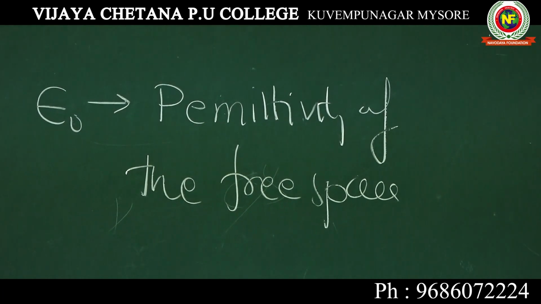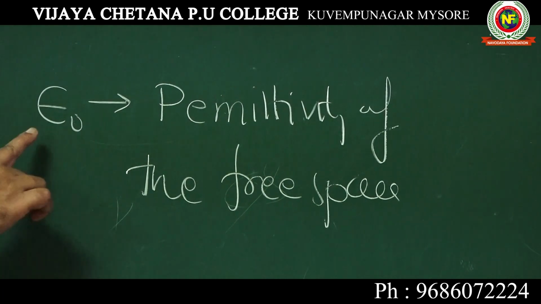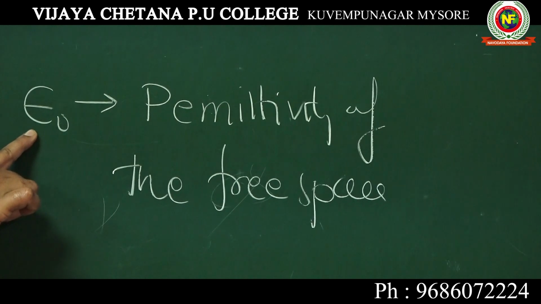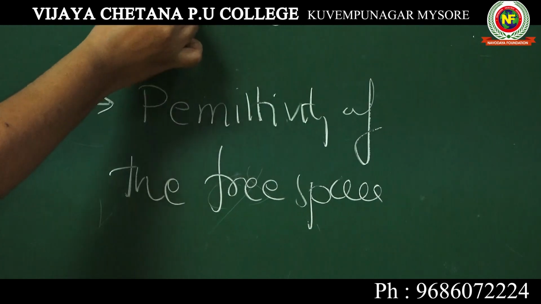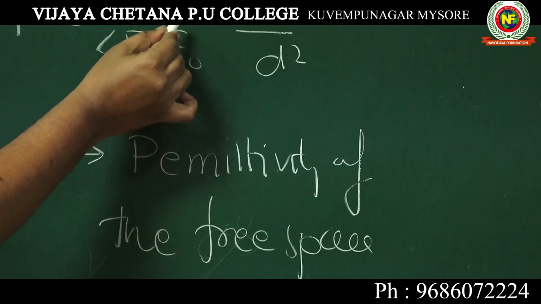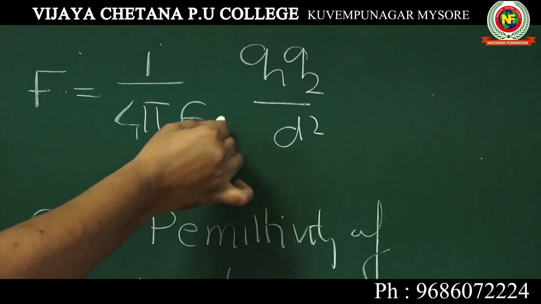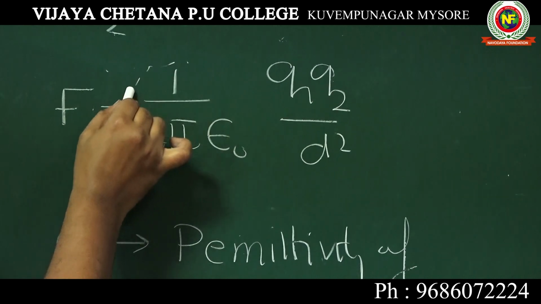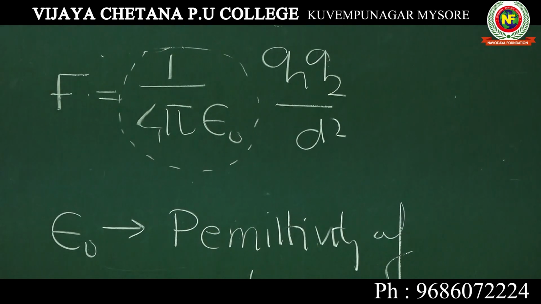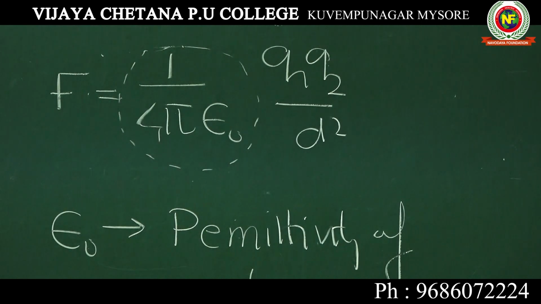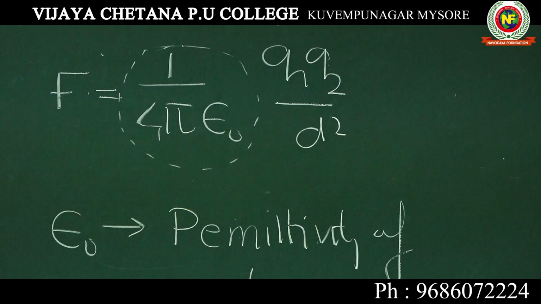This is for free space, meaning vacuum, where there is nothing. If you go to any other medium, this constant will change. So 1 by 4 pi epsilon naught is the constant decided by the medium that comes in between the two point charges. There, epsilon naught is a constant called the permittivity of free space.